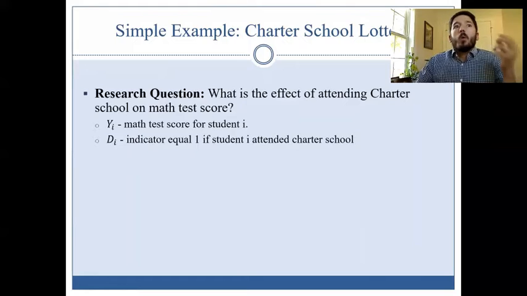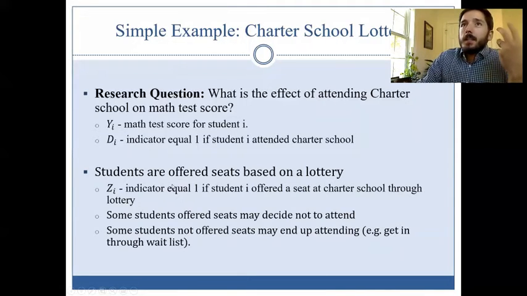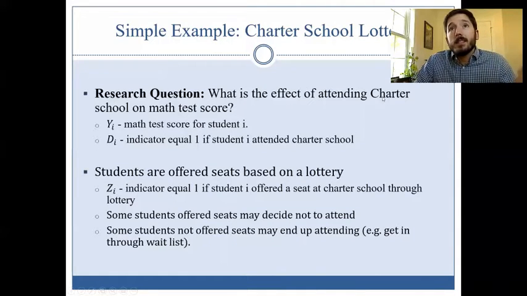But what we're going to have is not randomly assigned attendance, but randomly assigned eligibility to go to that charter school. So students are offered a seat in a charter school based on some lottery. We're going to call our instrument Z_i, an indicator equal to 1 if student i is offered a seat at a charter school through the lottery.